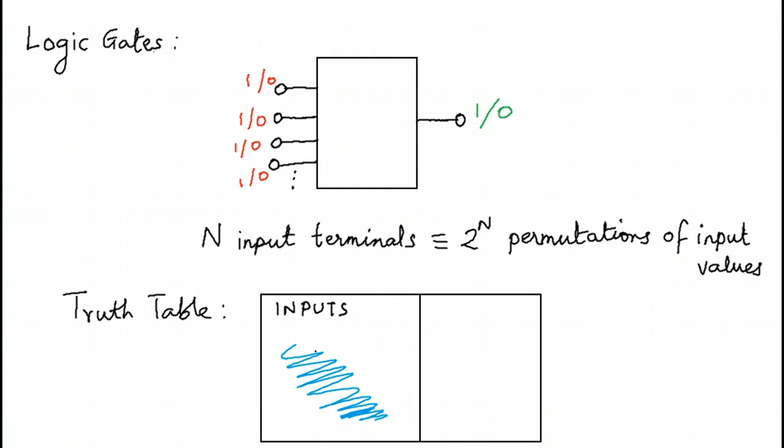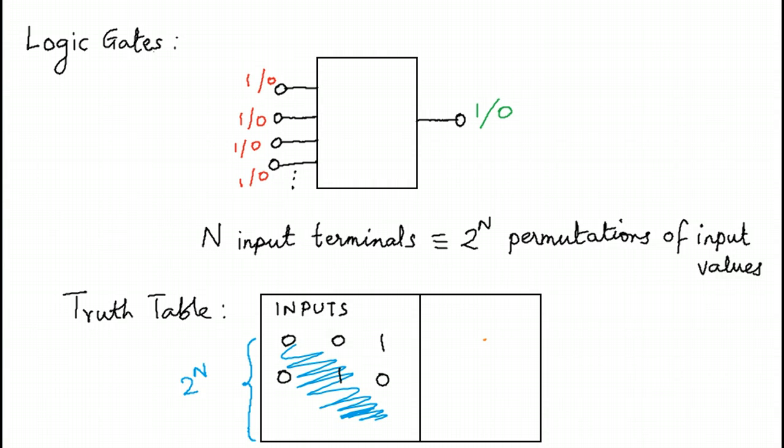For example, if the given logic gate has only 3 input terminals, then the first row might contain the permutation 0, 0, 1, the next row might be 0, 1, 0, and so on and so forth. Now, needless to say, for a logic gate having n input terminals, the number of rows in the truth table corresponding to that logic gate will be 2 raised to n.